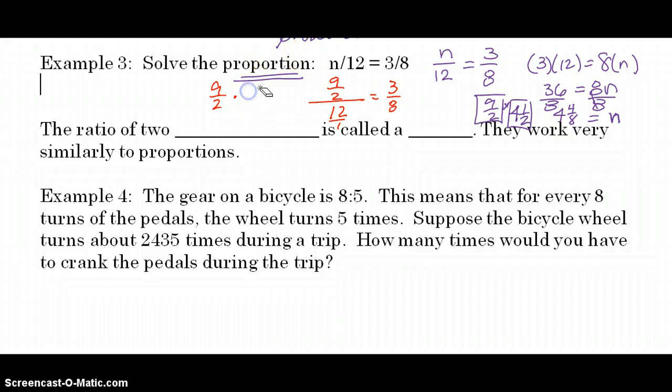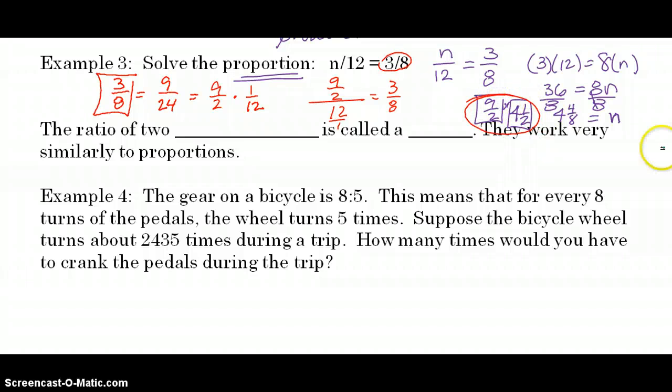I about made the careless mistake we all tend to make. 1 over 12, and that gives us 9 over 24, and 3 will go 3 times, and 3 goes 8. So it sure enough reduces down to 3/8. So 9/2 does make that a proportion, so this would be our final answer. I just wanted to show you that it does work.